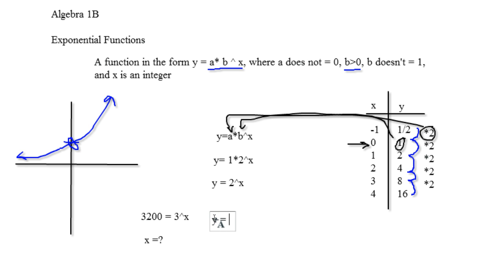I would graph y equals 3 to the x, and I would graph y equals 3200, and I would see where their intersection was. And there you go. And that's how you find the value of x when you're looking for a certain total value.